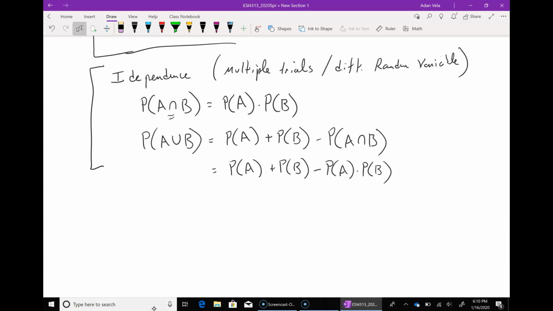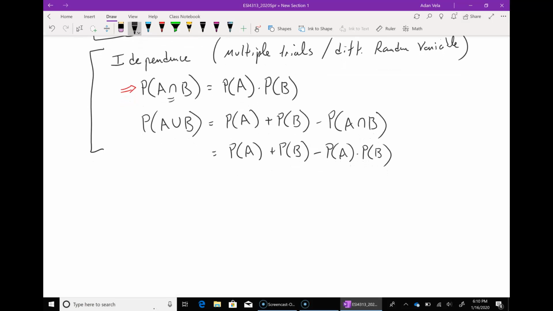So you're rolling a die 5 times. Usually you're going to see stuff like this, where you say probability of A and B is equal to the probability of A times the probability of B. Now, I gave an example of independence with multiple die. Okay? And that sort of makes sense in terms of trials.